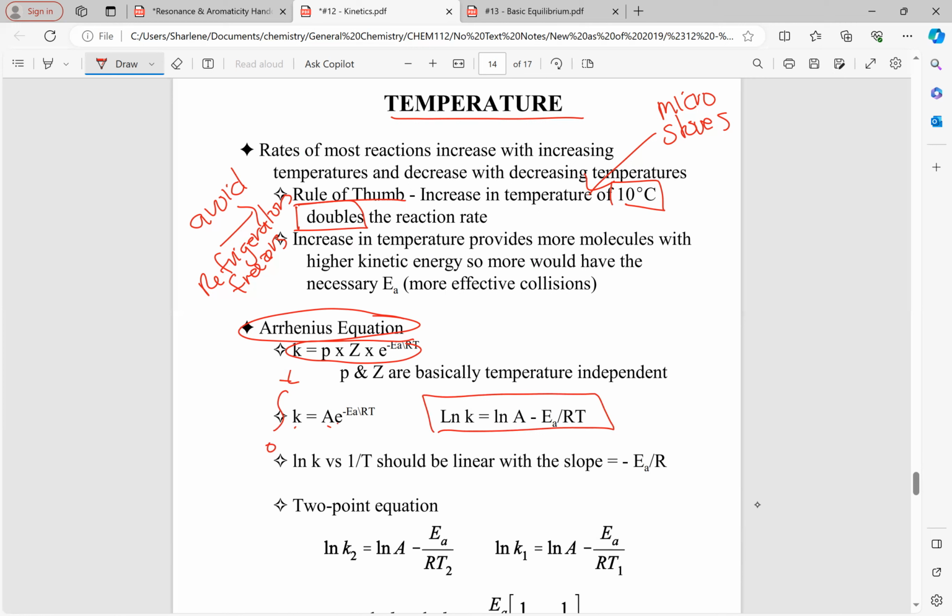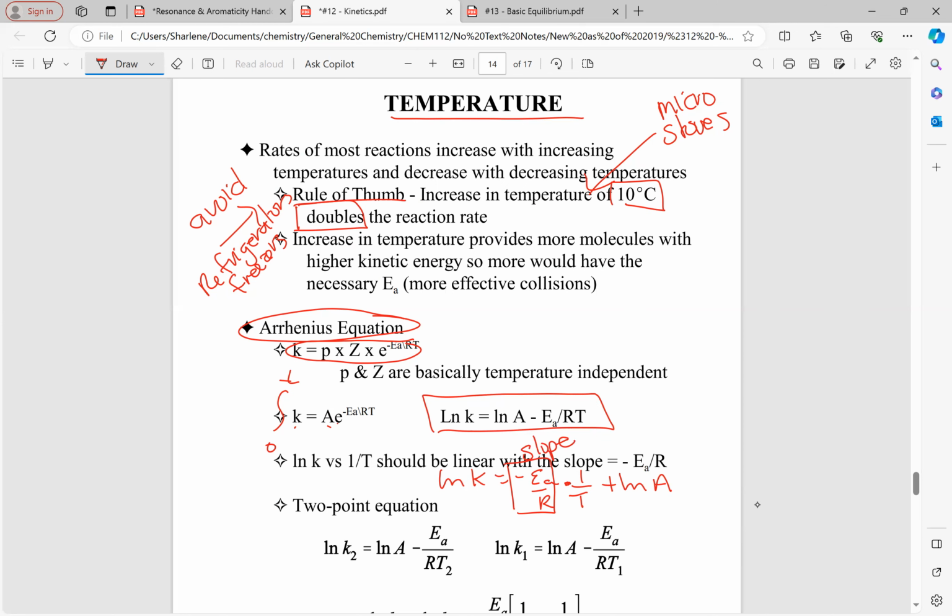Another linear line. Now, if I rearrange that into y equals mx plus b, it's the natural log of k is equal to the negative Ea over R, the independent variable is 1 over T, or inverse temperature, plus the natural log of A. And look what this is. It's the slope.